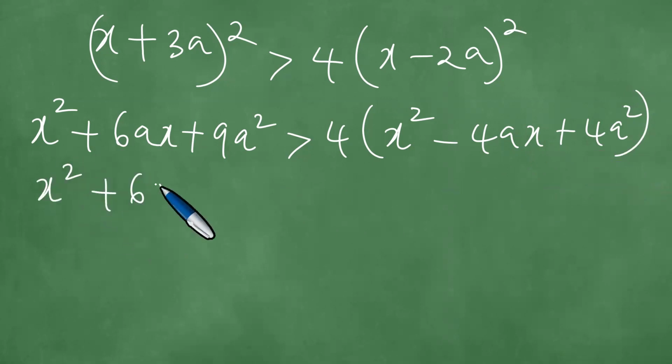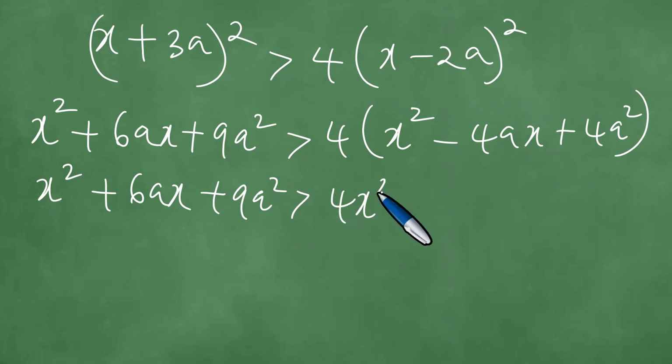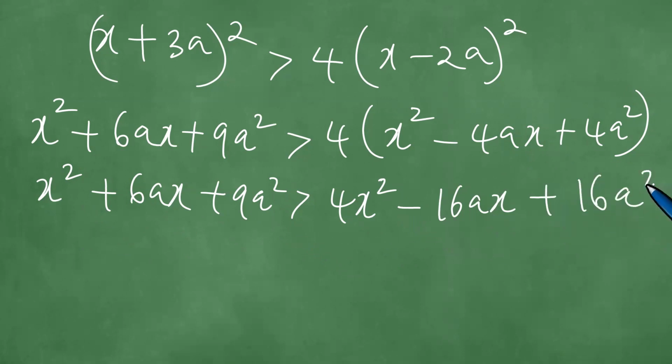X squared plus 6ax plus 9a squared, bigger than 4x squared minus 16ax plus 16a squared. Right, and we deal with what you're getting here.